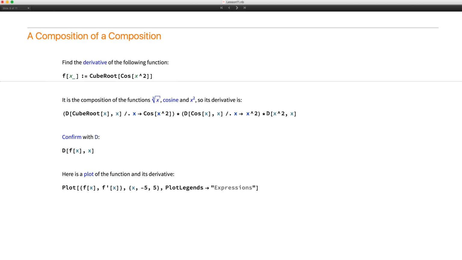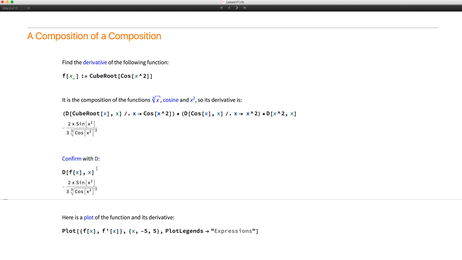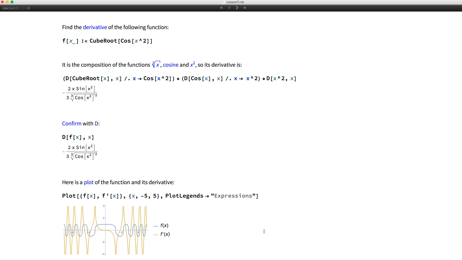So again, you start from the innermost function, x squared, then work out the next function derivative in the chain, and then the outermost derivative. So the answer over here is a fairly complicated function, but D confirms that it is correct, and you can plot the function and its derivative, and you get back this beautiful plot.